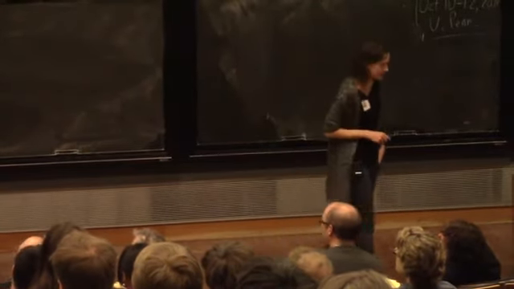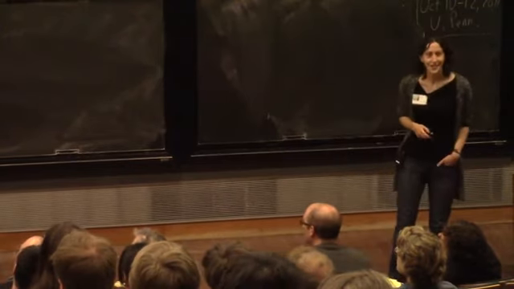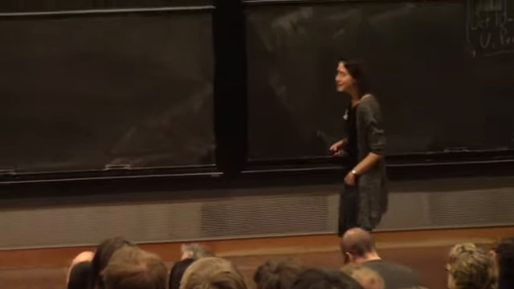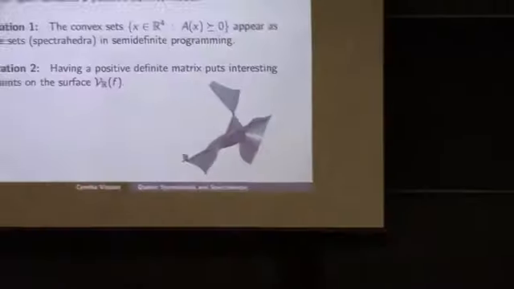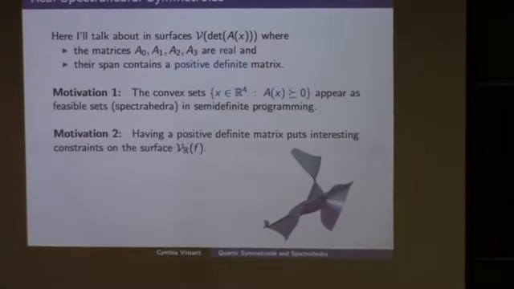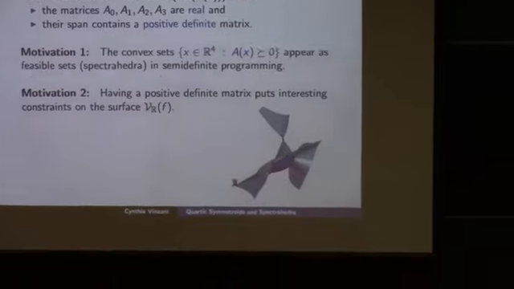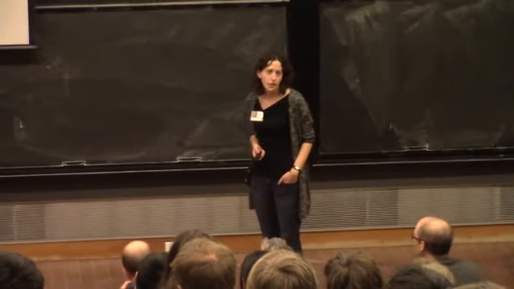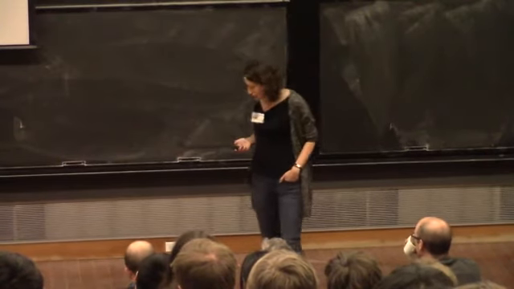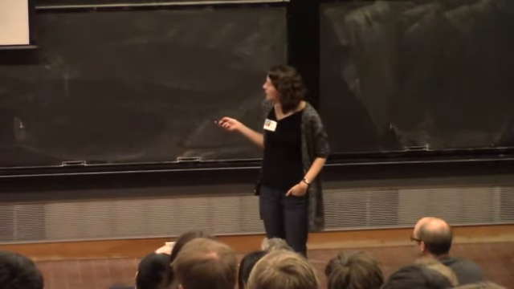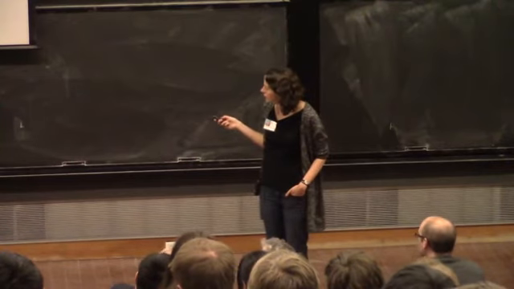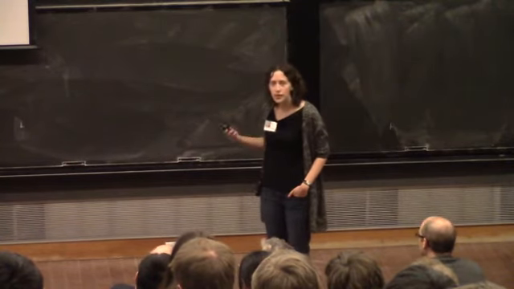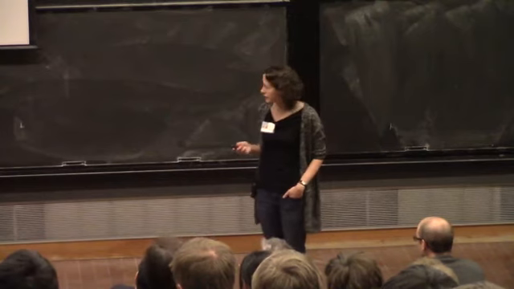Motivation 2 for doing this is that it's a particularly nice thing to do. So these are nice real surfaces, and requiring that a positive definite matrix is in the span of the linear space of matrices that you chose actually puts very nice constraints on your real surface. For example, one of the constraints is that the singularities tell you the rank of the matrix that's involved.